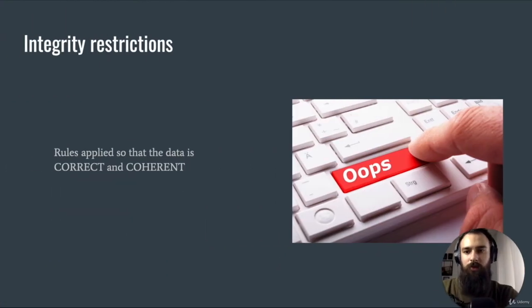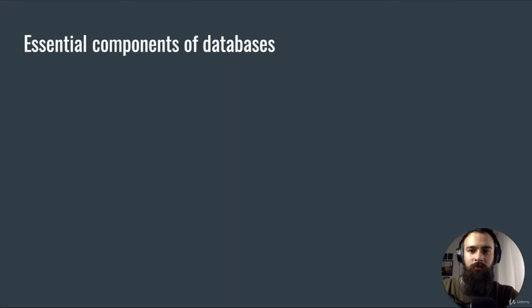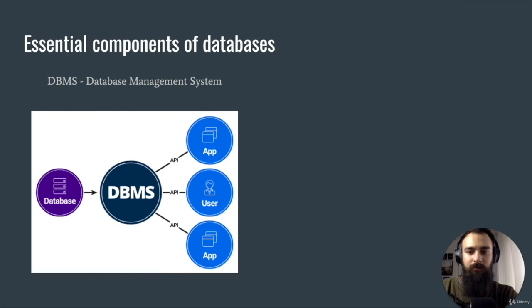Okay, so next we're going to talk about two essential components of databases. The first one being the DBMS, which is the database management system. This DBMS is a software component. There is no database without a software component. And this DBMS helps us take data from outside and put it in the database, and then use the data for reports.